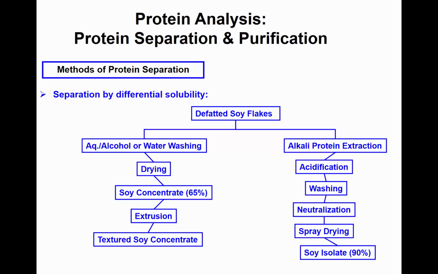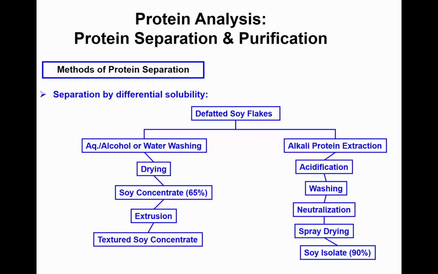If you take that route, you do alkaline protein extraction. Usually pH 7.5 is sufficient. So you extract with a solution of pH 7.5. At this point, you solubilize the protein, you precipitate fiber. And not only do you solubilize protein, you also solubilize oligosaccharides and any mono- and disaccharides that you might have.